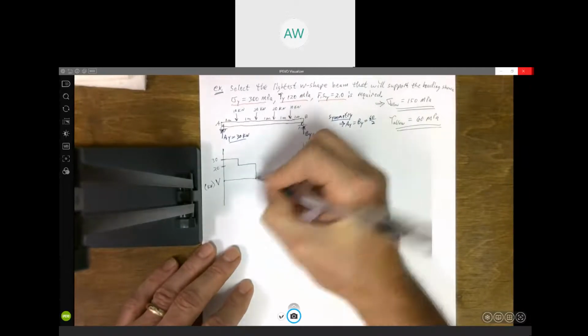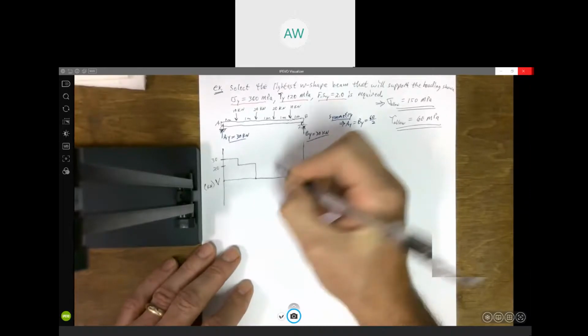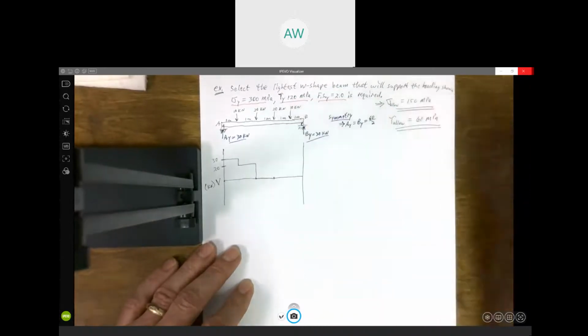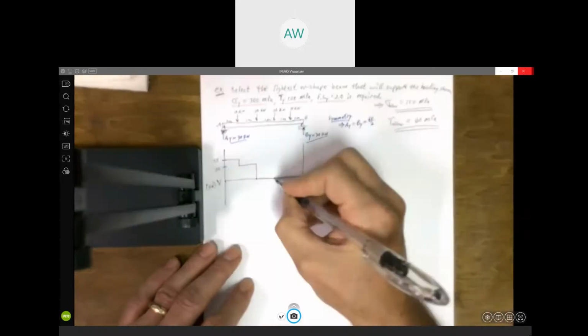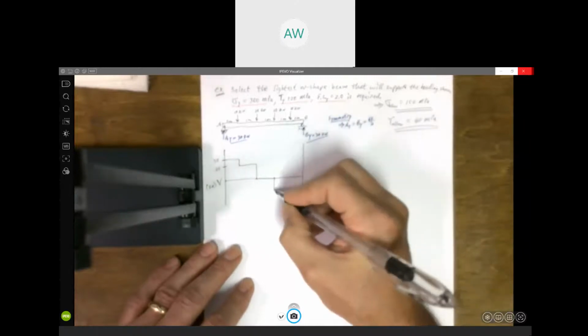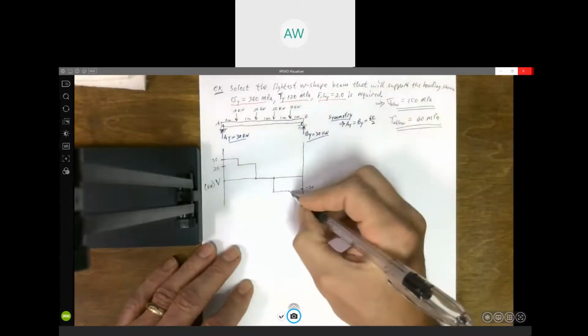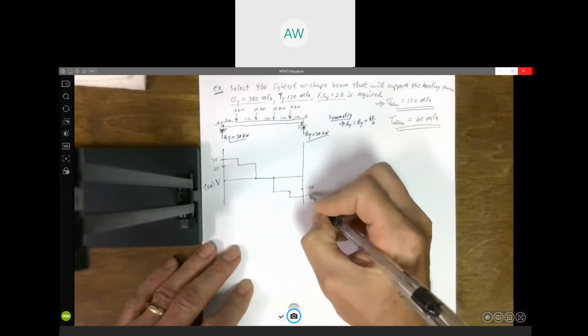And then we go straight across till we get to that force, and we're going to go down 20, which puts me at 0. Go straight across, it doesn't change till we get to another load change, so then we're going to go down 20. So it's going to put me at minus 20. And then we'll go straight across till we get to that force, and we're going to go down 10. Puts me at minus 30.